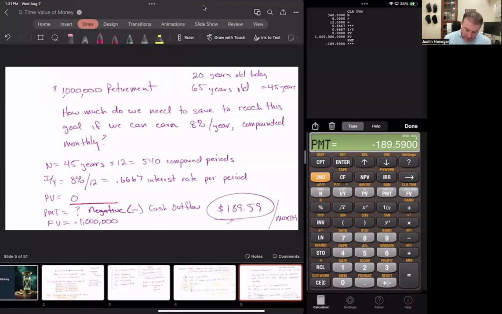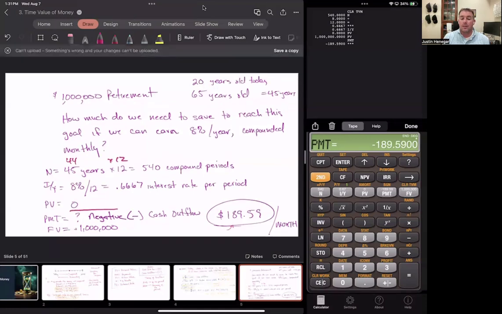Well, we might have, and let's just round this up to 200, we might have $2,400 in our account that we are starting with. And then, of course, this moves to 44 years times 12, and everything remains the same. And then our new payment would actually change. Okay. But we're starting with a different amount.